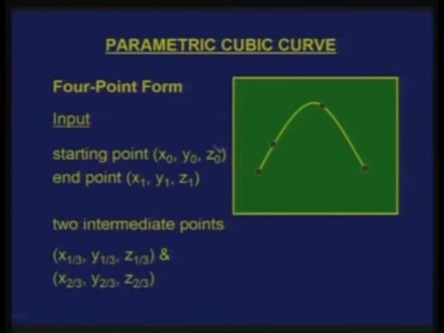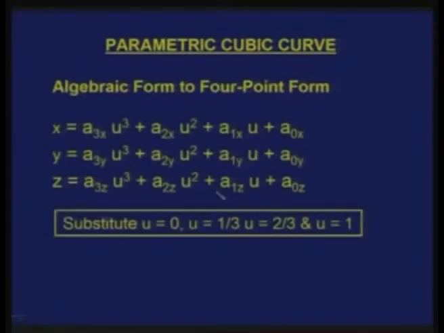These are the 12 values which will form the input. So, I should be able to solve this equation using those 12 inputs. I will substitute u equal to 0, I will get one equation. I will substitute u equal to 1, I will get another equation. But what values of u should I give for the intermediate points?